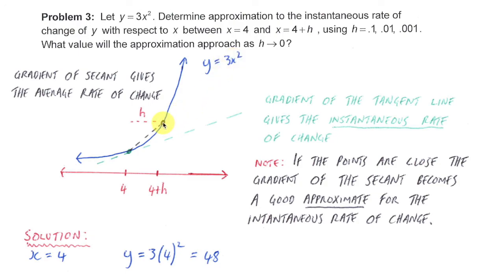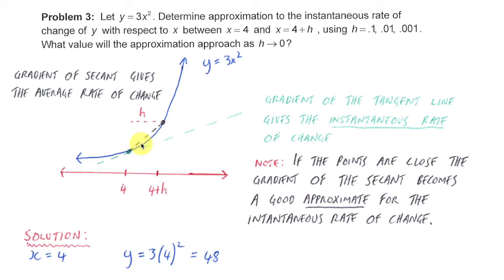Now, if we brought this second point even closer to the first point, you can visualize the line that would join where I am at the moment to x = 4 there, and you can see that that is even a better approximation. And then if I even reduce that distance between the 2 points, you can see where exactly I am now on the cursor, and you can visualize again a line that would join the 2 points.